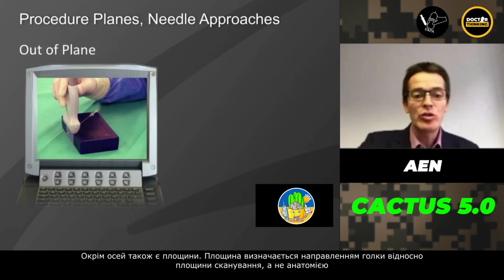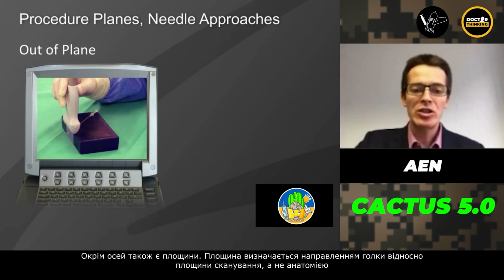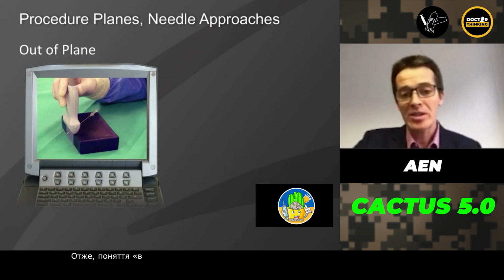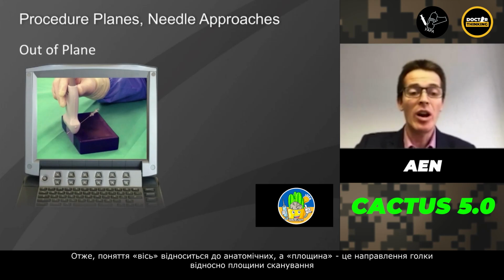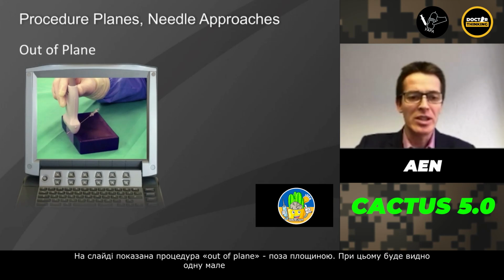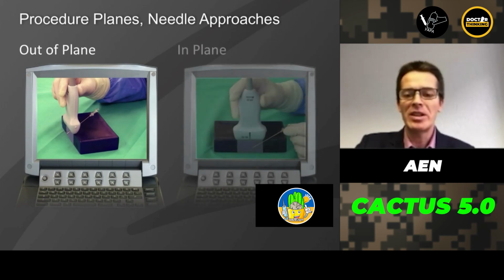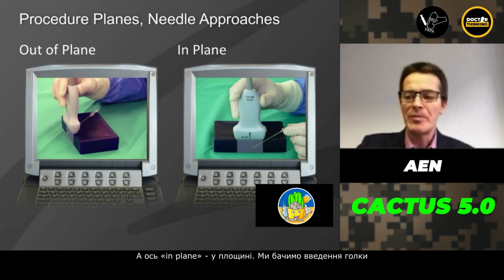Planes refer to the needle guidance in relation to the scanning plane and not to anatomy. The axis terminology refers to anatomy only, and the plane terminology refers to how to guide the needle into the scanning plane. This shows an out-of-plane procedure here, with only one little point where the needle cuts the scanning plane, whereas here in an in-plane procedure we ideally see the whole needle in the scanning plane.